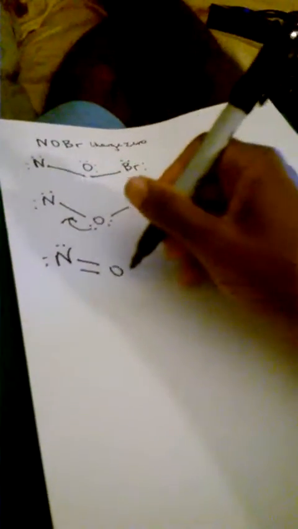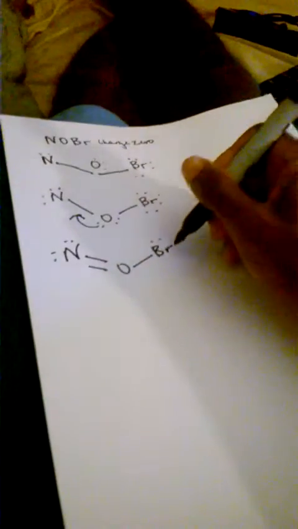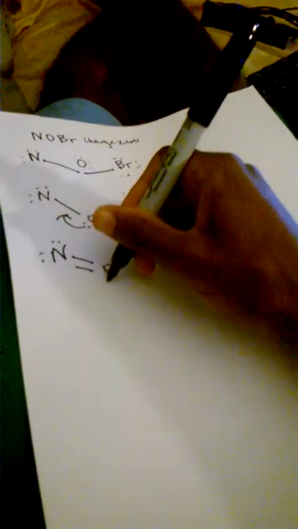And this is the structure we get. So we formed this bond, so there's a double bond in between nitrogen and oxygen, and we used one of the lone pairs on oxygen, so now it only has 1 lone pair.